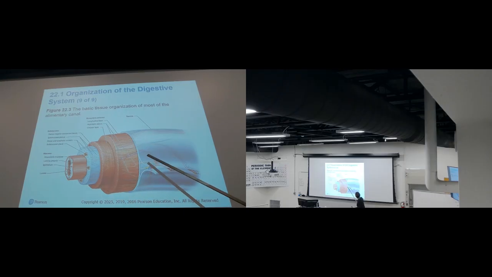This submucosa is made of dense irregular connective tissue. Now the next layer, the muscularis layer, is where we have the inner circular layer of muscle and the outer longitudinal layer of muscle in most of the gastrointestinal tract, except in the stomach. In the stomach, we have an additional oblique layer.